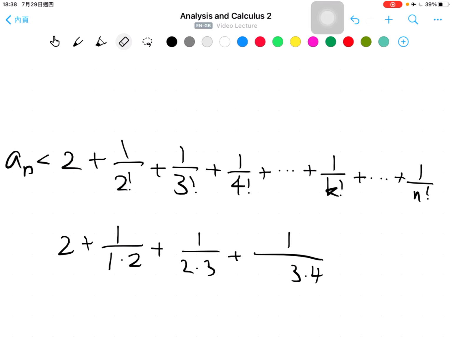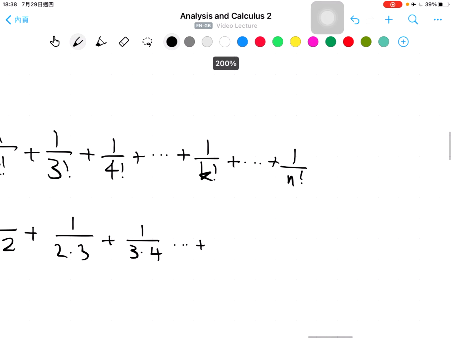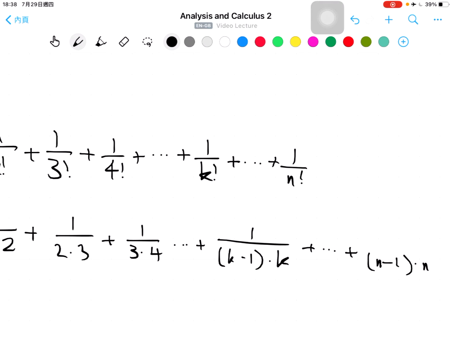If I take away the 2, that means I'm doubling this term, so the value is going to increase. Same thing happening over there. I'm taking k minus 1 times k, all the way up to n minus 1 times n.